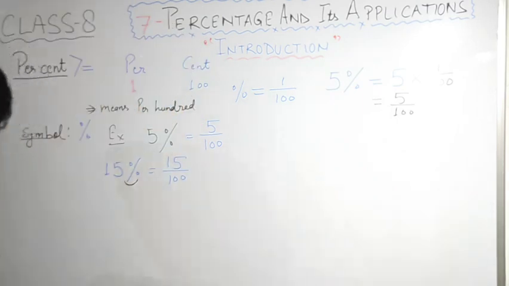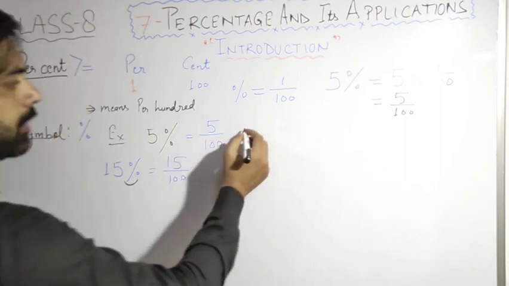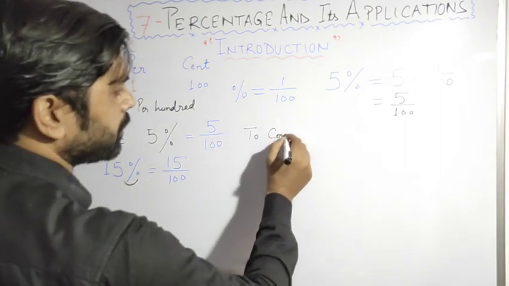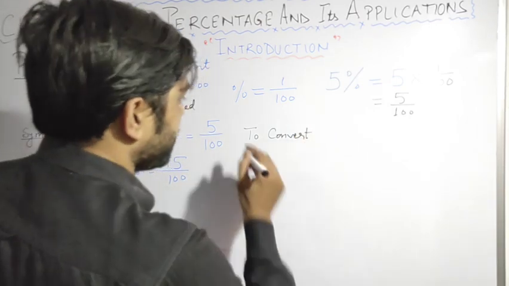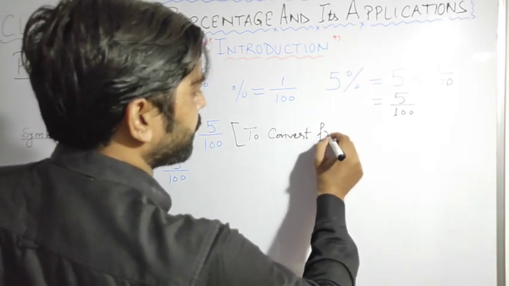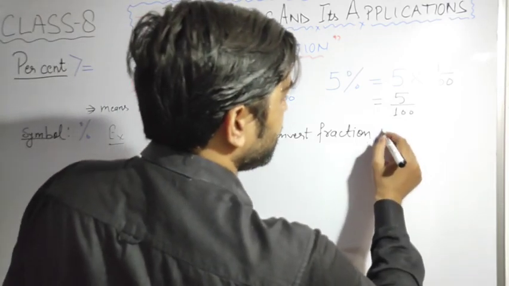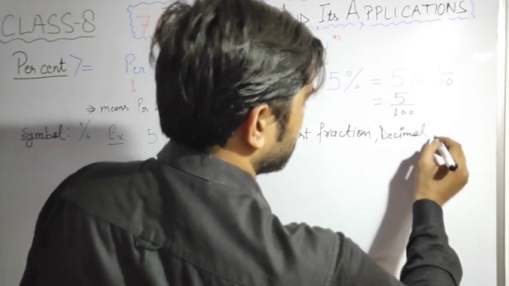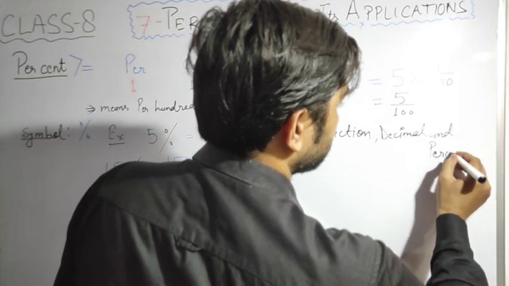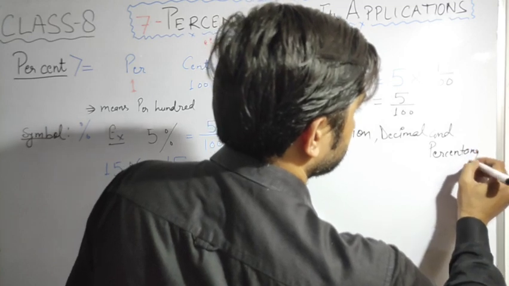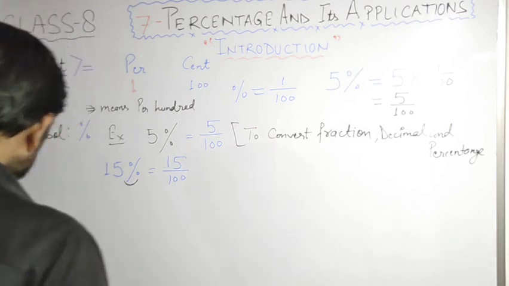So look, the first rule is to convert fraction, decimal and percentage. Okay, so first, how can we convert any number into fractions?